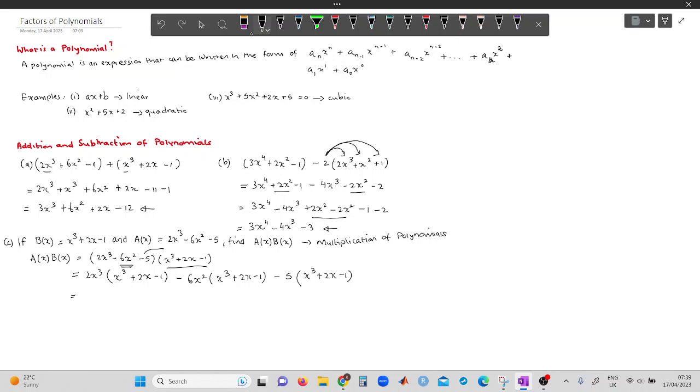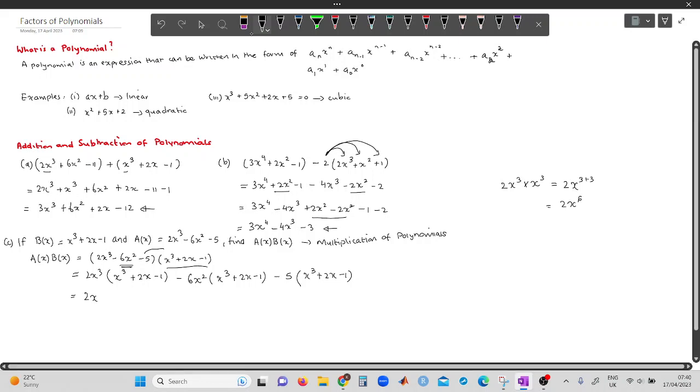So, 2x cubed multiplied by x cubed. Ça, c'est très important. Your knowledge of indices should be helpful here. Donc, 2x cubed times x cubed, it will be x to the power of 3 plus 3, c'est comme ça même que je gagne 2x to the power of 6. Donc là, je vais avoir 2x à la puissance de 6 for the first one.